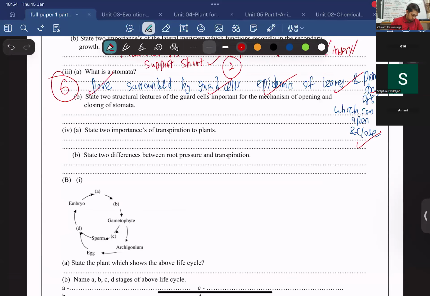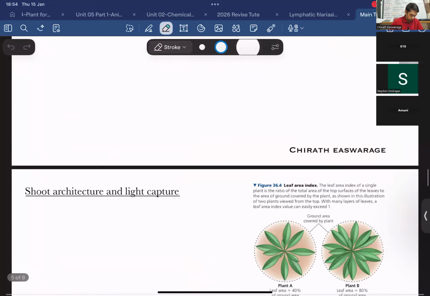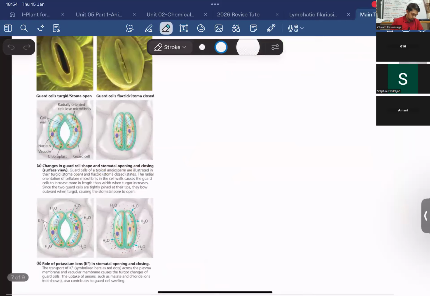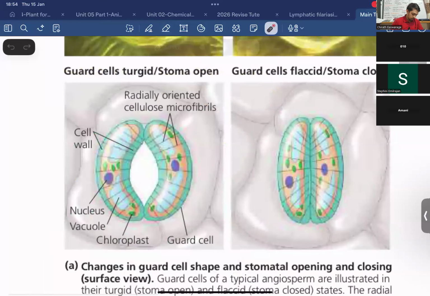Name two structural features of guard cells important for the mechanism of opening and closing of stomata. How do guard cells work? They have these radial cellulose fibrils that are going to provide support to maintain their rigidity, so they can become rigid.